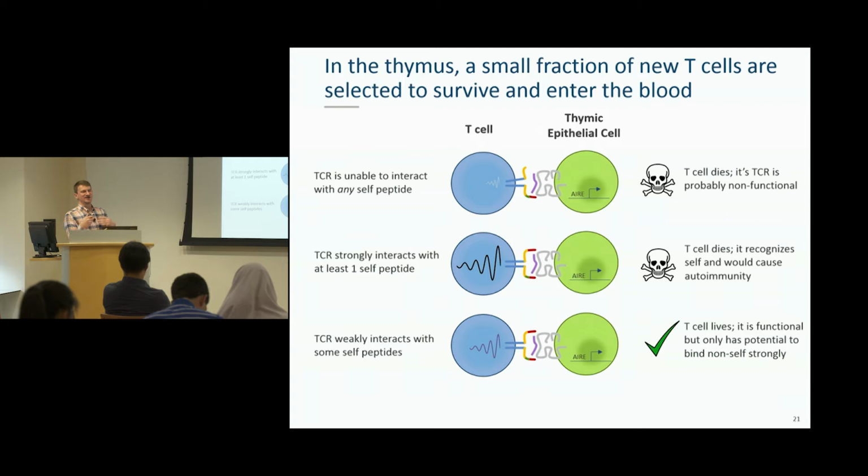And then it will go around the body looking for something that it recognizes. It eventually does see something, and it receives the proper signaling that this is a viral, dangerous peptide. It will mature into a memory T cell and also differentiate into effector T cells. The memory T cells will live in your body for decades. The effector T cells will expand rapidly and attempt to clear the infection.